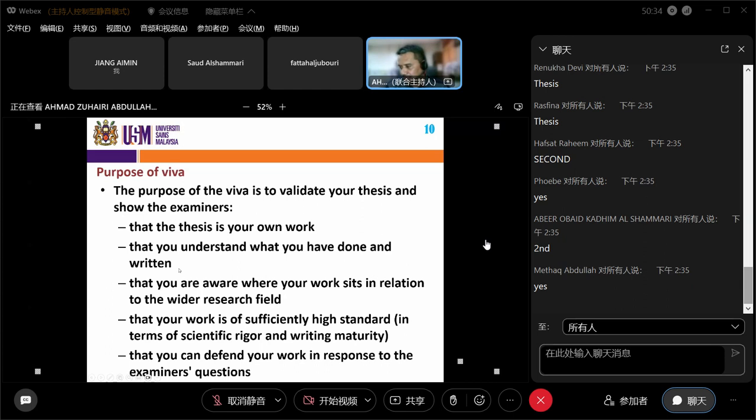Because why? In the Viva, they want to see that whatever argument, whatever sentences, statements that you put in your thesis, you understand in the first place. Yes, it is important that we put something that we understand, but sometimes we don't understand it fully. All right, so that's the reason why people can ask questions.